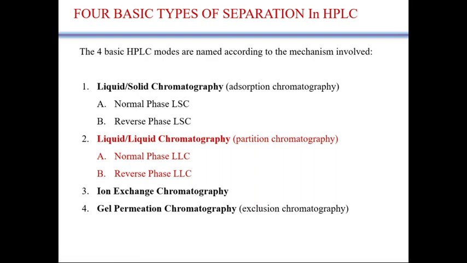And there also we have normal phase and reverse phase. Because of the charge, we have ion exchange chromatography, and also we have gel permeation chromatography, known as size exclusion, gel filtration, or even sieving chromatography.